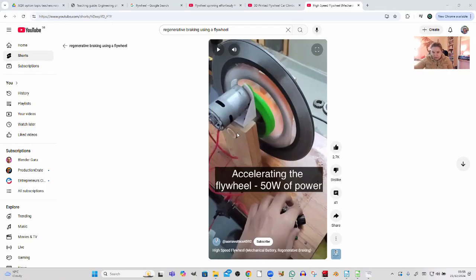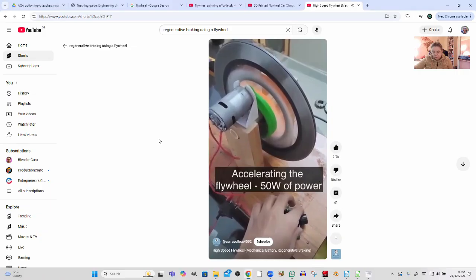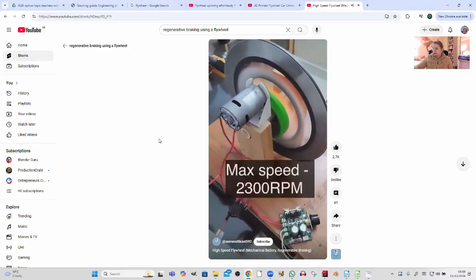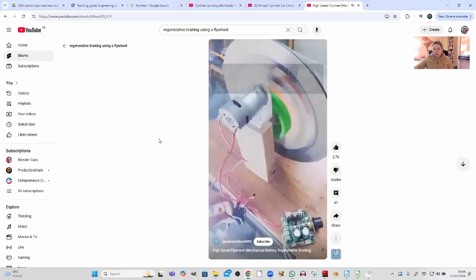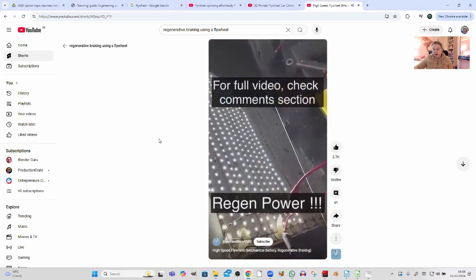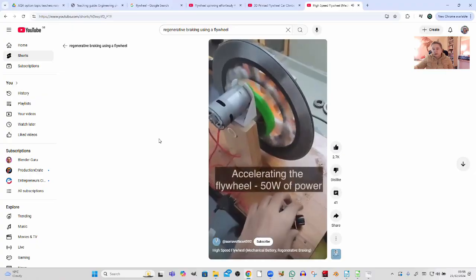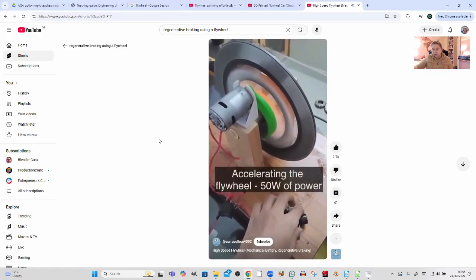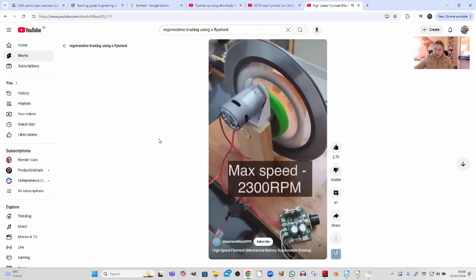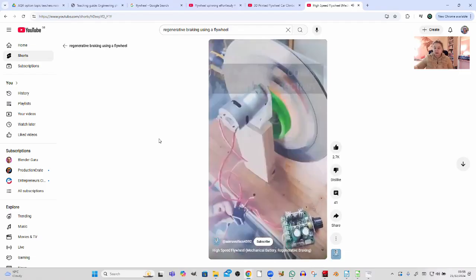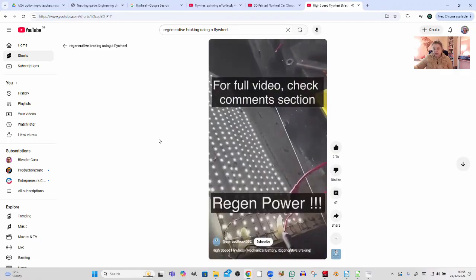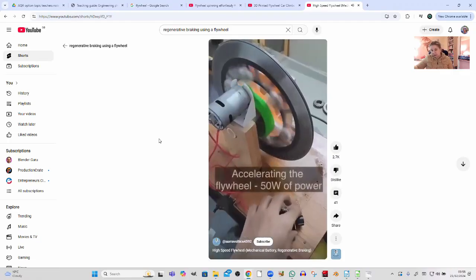So let's show you this working. So that's going at maximum speed, and there are the lights that it's lighting. So at the moment the electric motor is just driving that, and then you switch it over and use the motor as a generator, and the flywheel then has stored that energy and it's returned as electricity.